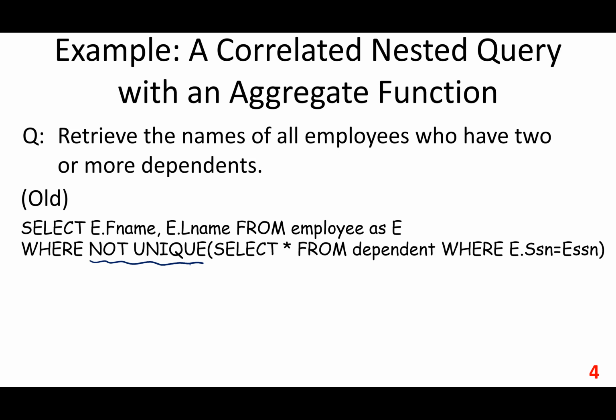Select star from dependent where E.SSN equals E.SSN. So the returned result is unique or not unique. Unique, that's one, right? One tuple, that's unique. Single tuple.